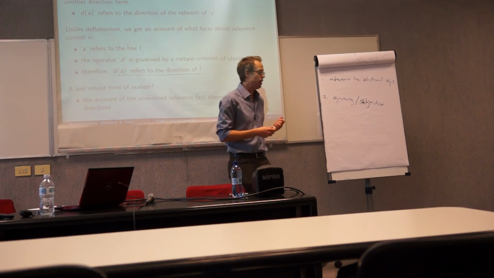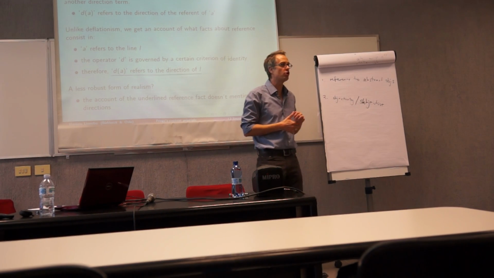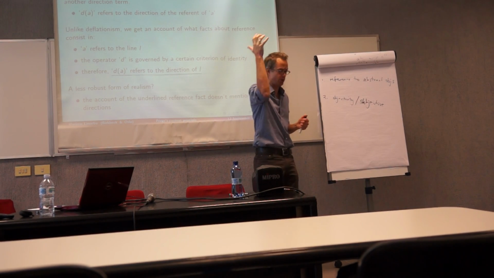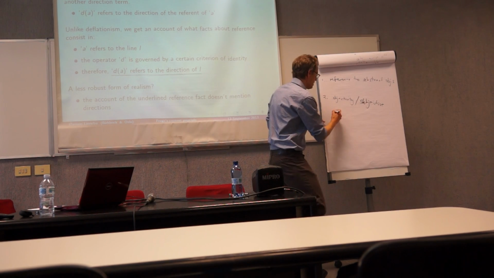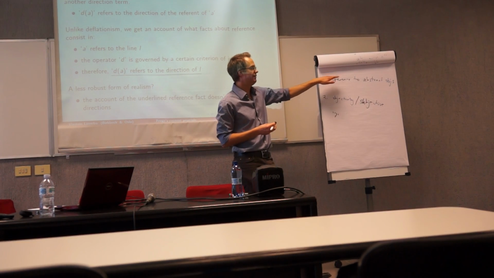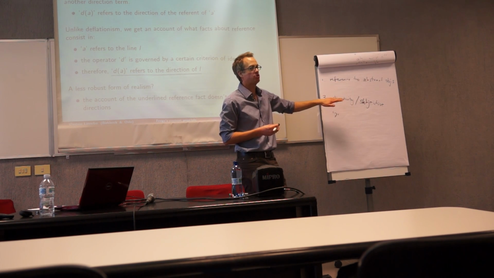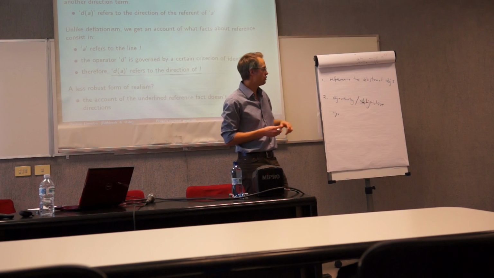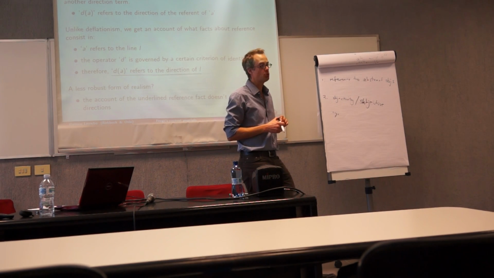It looks to you like you're referring to some sort of object, you have your singular term, say you're saying 7 is prime. So what does the term 7 here stand for? And if there's no way available to you of accounting for how it stands for some objective object, which would have to be abstract, then you may just say that, look, maybe it refers to an idea, and that's a way.